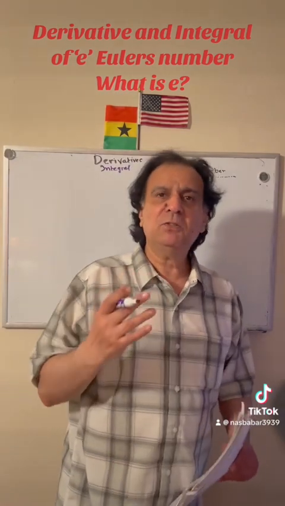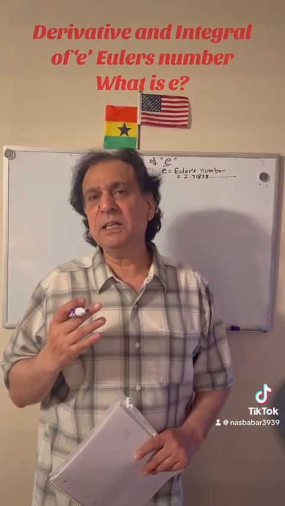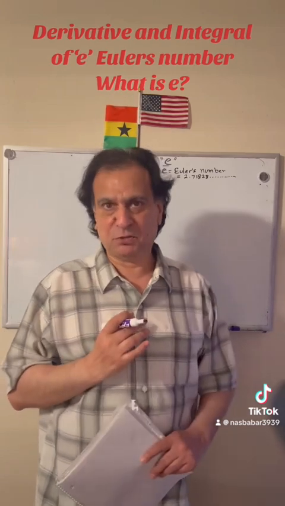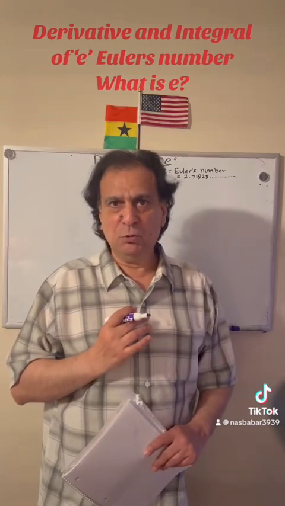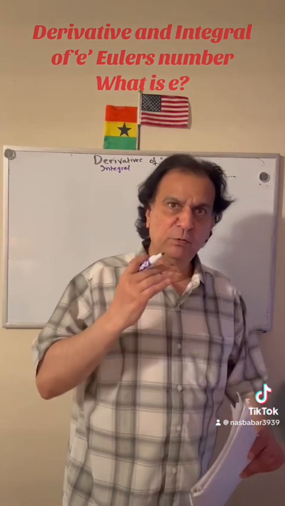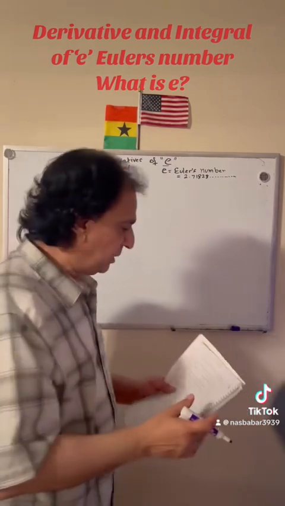What happened is that this mathematician Jacob Leonard in the 17th century was chasing compound interest, okay? So let's see what his approach was, what his philosophy was, and see if I can make some sense out of that.